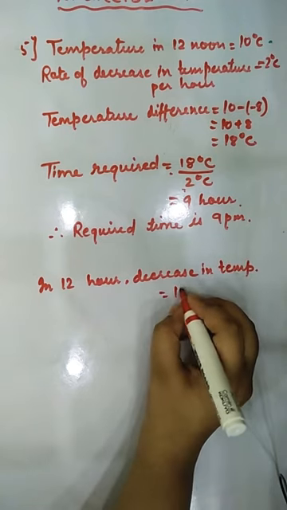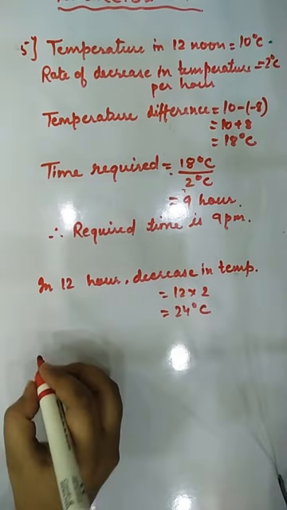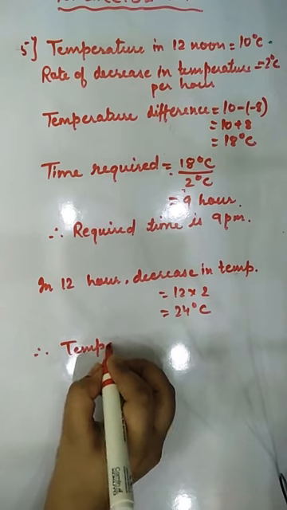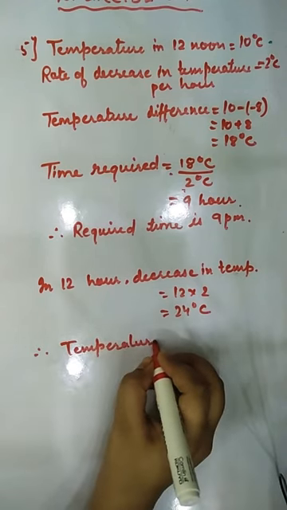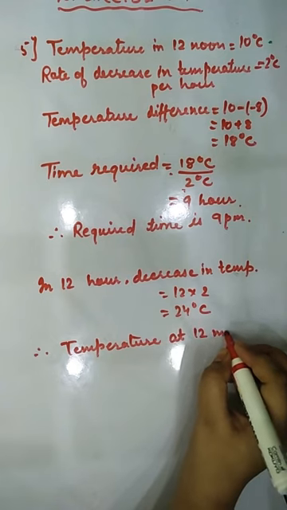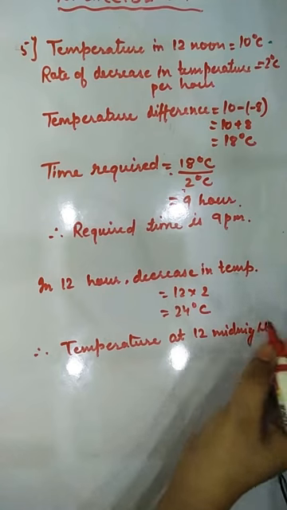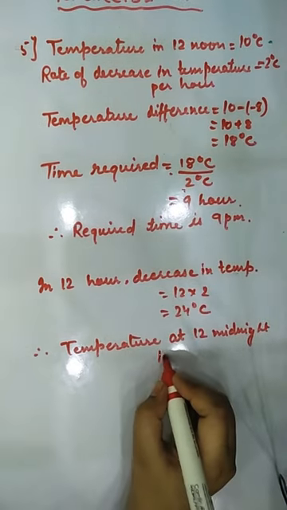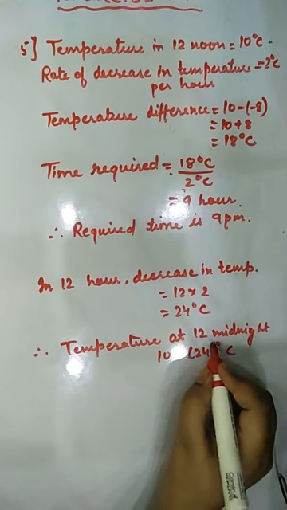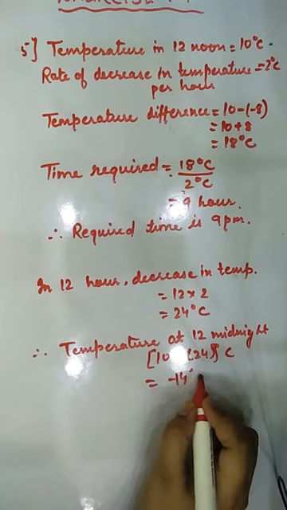For 12 hours it will be 12 into 2, that is 24 degrees Celsius. Therefore, the temperature at 12 midnight will be, what is the current temperature? Noon, 10 minus 24 degrees Celsius. So 10 minus 24 will be minus 14 degrees Celsius.